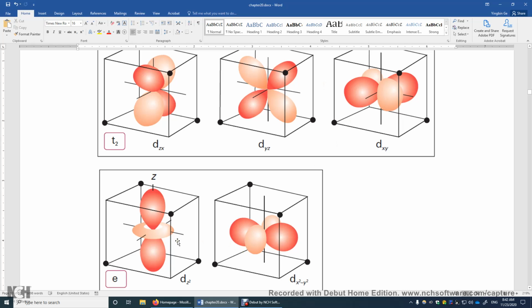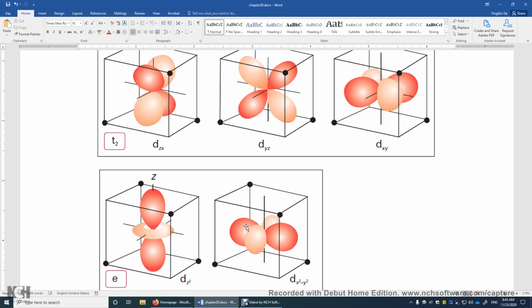But now, if we look at the energy splitting between these 3 and these 2, it's smaller. It's actually much smaller than the splitting in the octahedral complex. This is because in the octahedral complex, these 2 orbitals point directly to the negative charges. Remember, in an octahedral complex, you have a negative charge right here and one right here, and also negative charges right here, here, and here. So the lobes of these 2 d orbitals in an octahedral complex point directly to the negative charges.